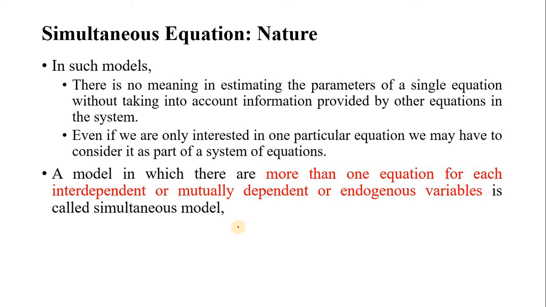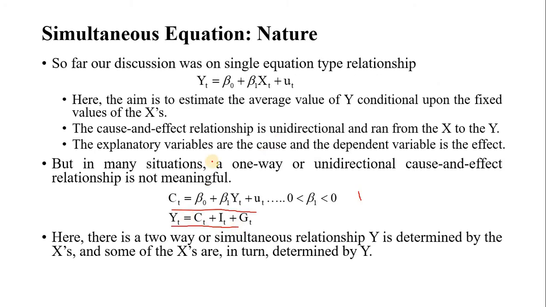So what is a simultaneous equation model? A model in which there is more than one equation for each interdependent, mutually dependent, or endogenous variable is called a simultaneous equation model. If you look at this equation, ct is a function of yt, and yt is a function of ct.